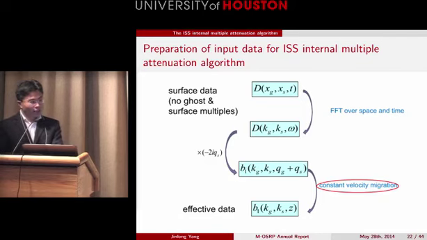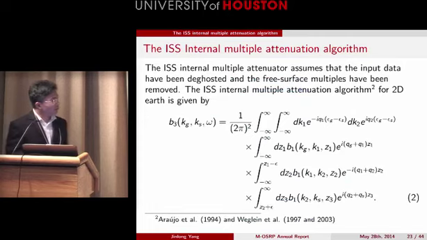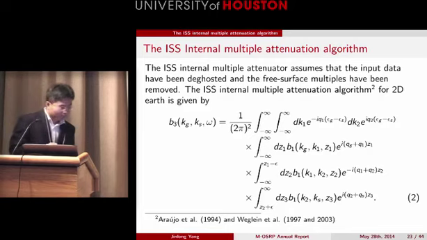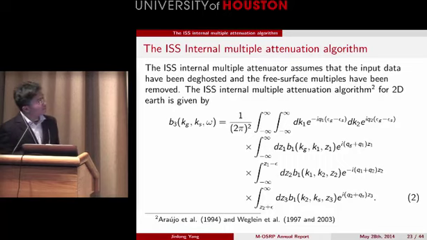The attenuation algorithm was proposed by Araujo in 1994 and Dr. Weglein in 1997 and 2003. In this algorithm, we need to have 5 integrals. This is a 2D case. KS, KG, and omega are the horizontal wave numbers and frequency.